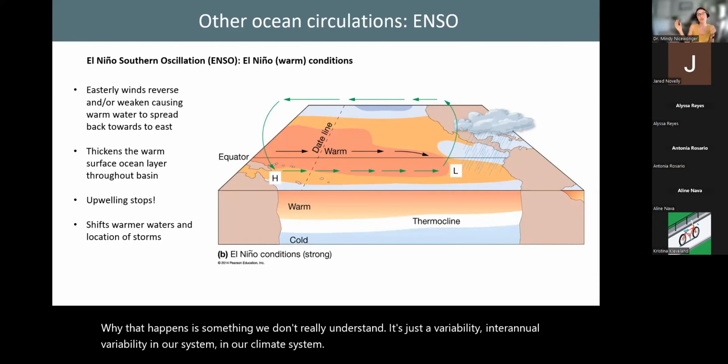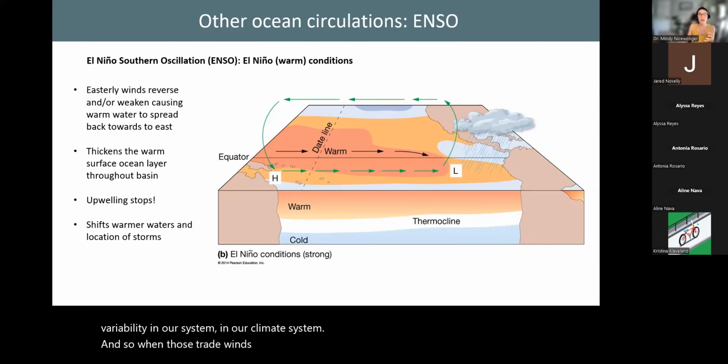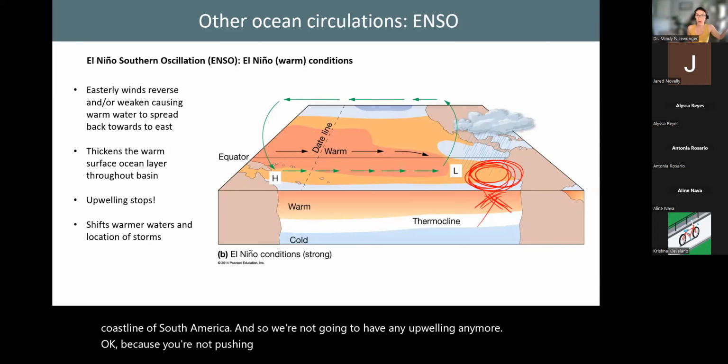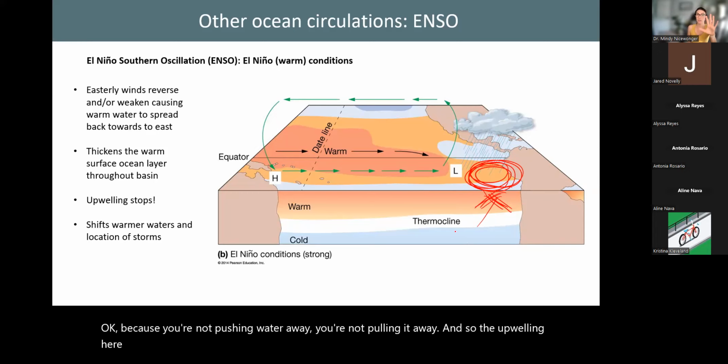And so when those trade winds weaken, then we're not moving as much water away from the coastline of South America. And so we're not going to have any upwelling anymore. Because you're not pushing water away, you're not pulling it away. And so the upwelling here is gone.